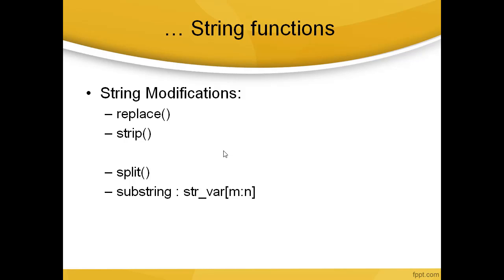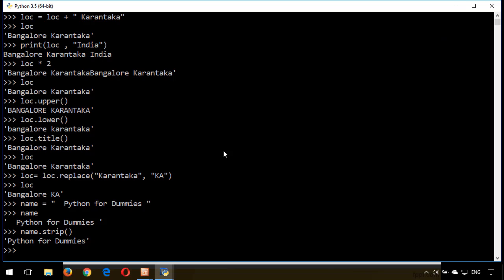Now split. Split is similar to string tokenizer in Java. Let's say I want to take multiple names and I want to split. For that, names equal to Bangalore, Chennai, Hyderabad, Cochin, Delhi, Mumbai.